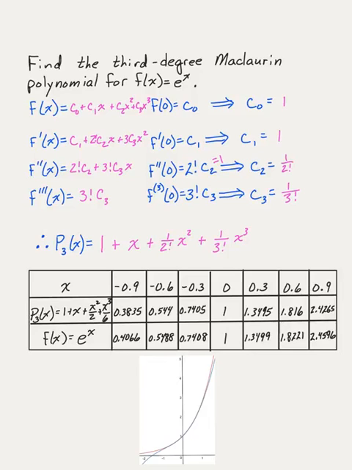And that is your generic formula for a third degree Maclaurin polynomial for e to the x.